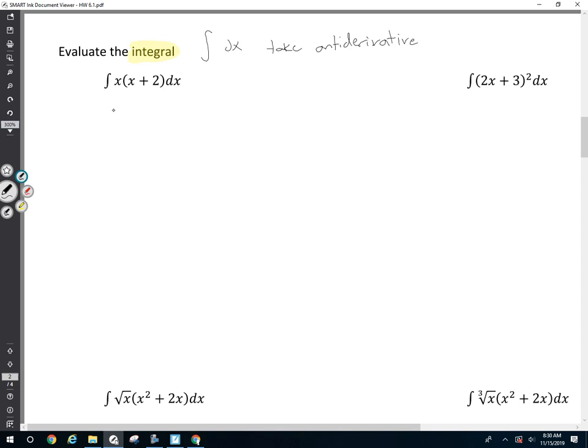Now, if you say, oh, add 1 multiplied by the reciprocal, choose the antiderivative of 2x, you're wrong. Not correct. You must simplify first and use the power rule because there is no product rule or quotient rule for antiderivatives.